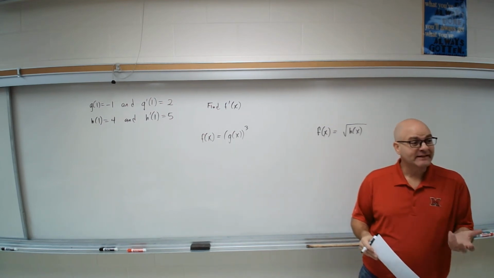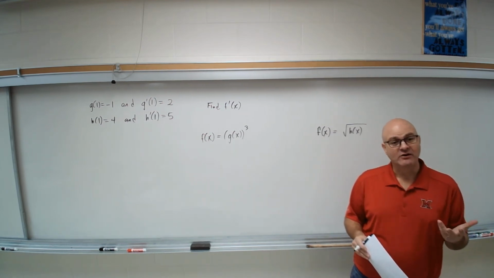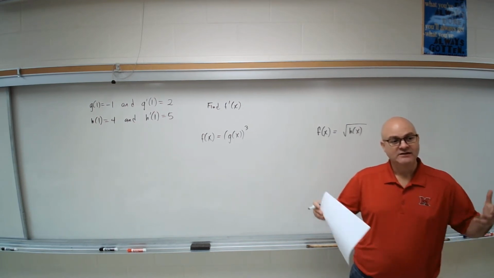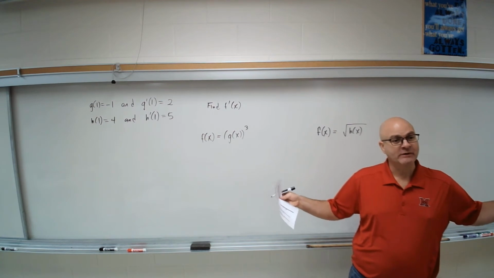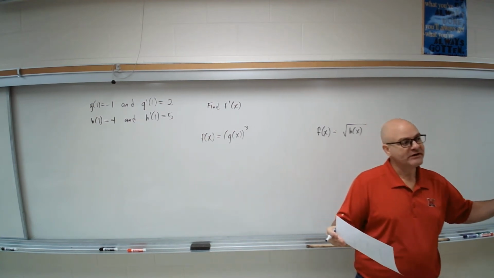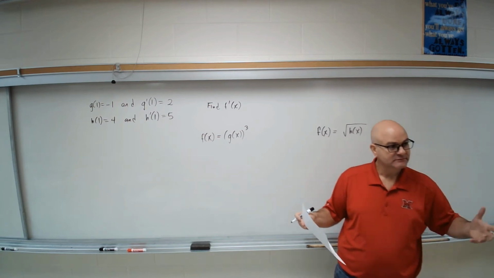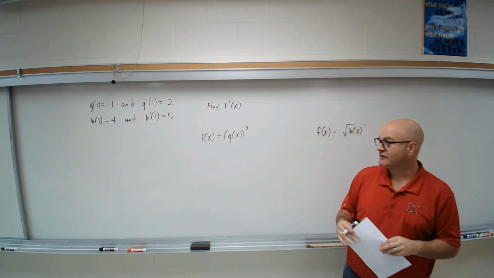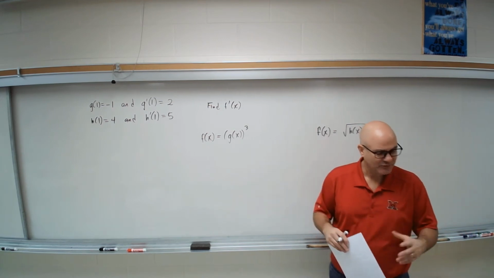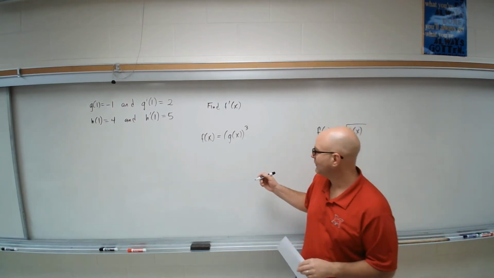I think these are especially nice, how we talked earlier in the last video about working outside in, right? So the outer thing happening is this cubing process, correct? So if you had something cubed and you took its derivative, you're taking kind of the derivative here with respect to g of x, which is a little strange. The notation gets a little wonky.